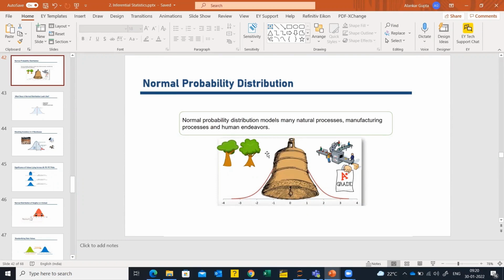So a standard normal distribution has a mean of 0 and a standard deviation of 1. Just give me a second. Just quickly use my pen tab.